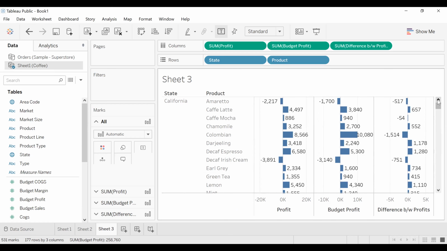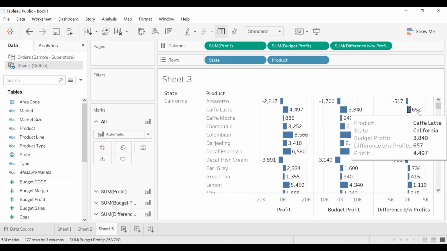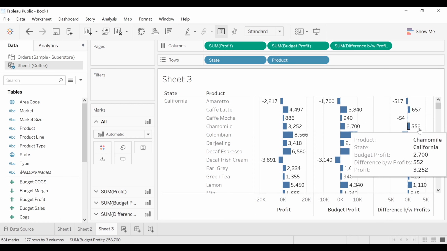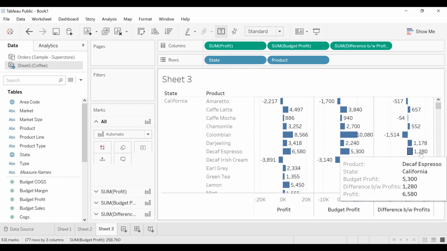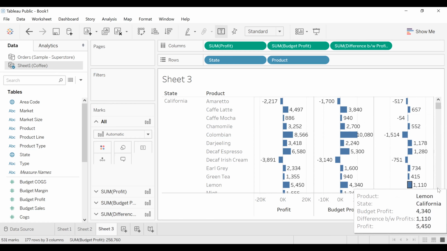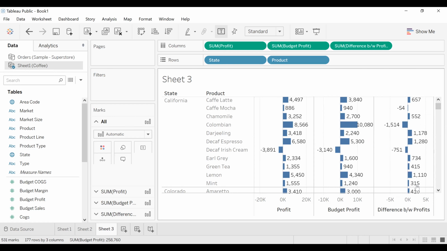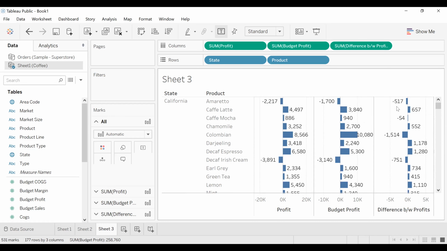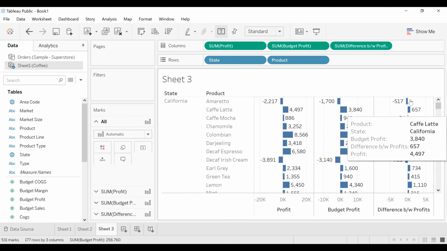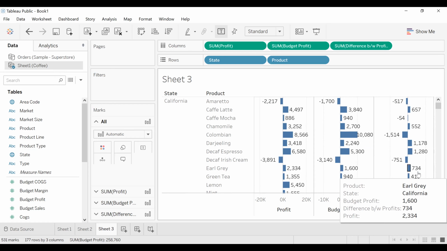Out of which, how many are meeting above their target profit, which are positive? 1, 2, 3, 4, 5, 6, 7, 8. So 8 are meeting above their target profit. So what will the percentage be here? 8 divided by total products. 8 are above the target, right?